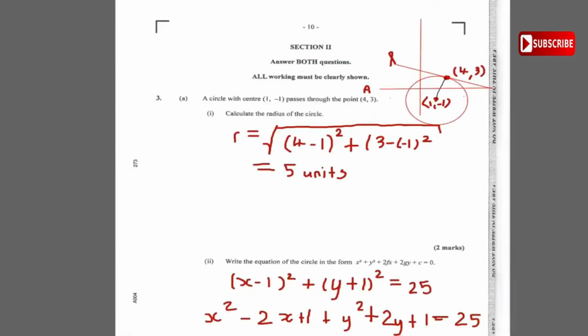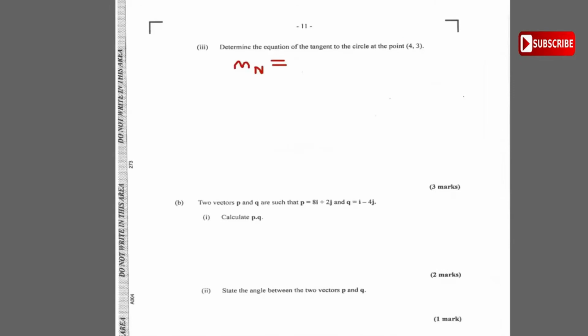So first thing, before we can find the equation of the tangent, we need the gradient of the tangent. But the gradient of the tangent is equal to -1 over the gradient of the normal. So first we have to find the gradient of the normal. Now remember the center is (1, -1) and the point is (4, 3). So the gradient of the normal is going to be y2 minus y1, so it's 3 minus minus 1 over x2, which is 4, minus x1.